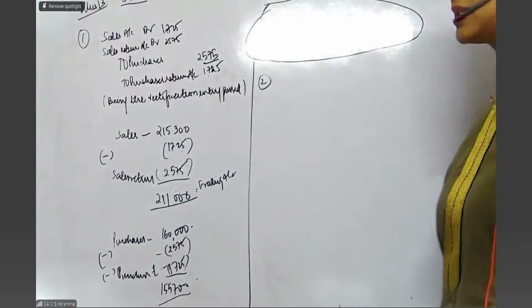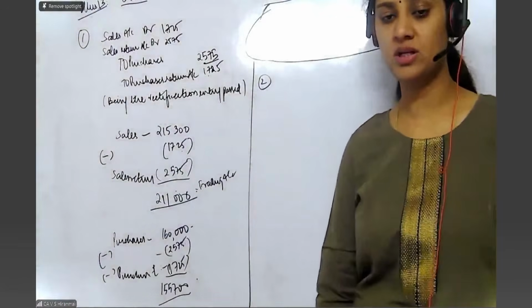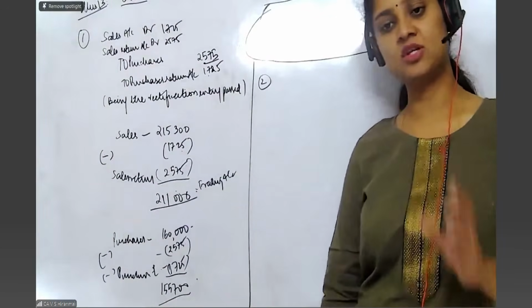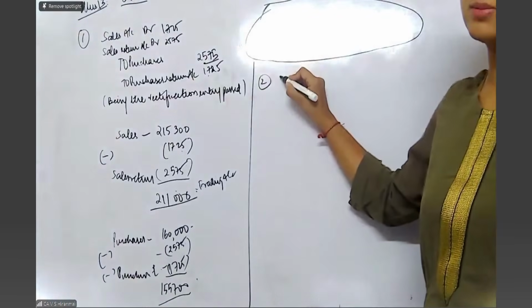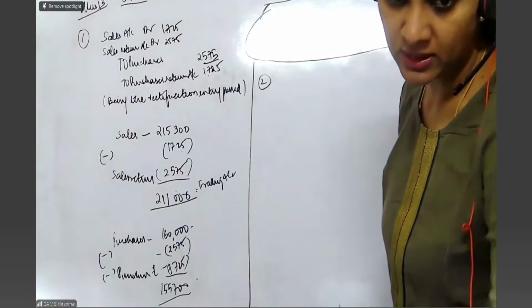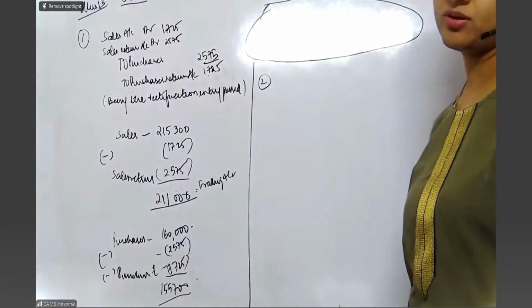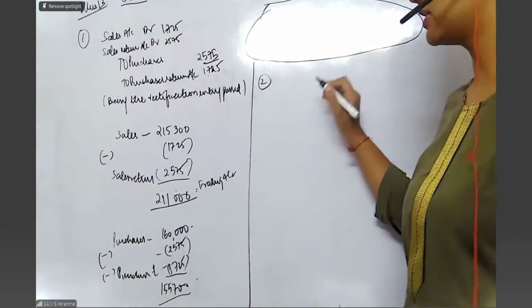So in the purchases, the goods that you are using for your personal use have wrongly been included. What is the entry that you pass when you use goods for your own consumption? I want everybody to answer. You have wrongly shown it in the purchases account.